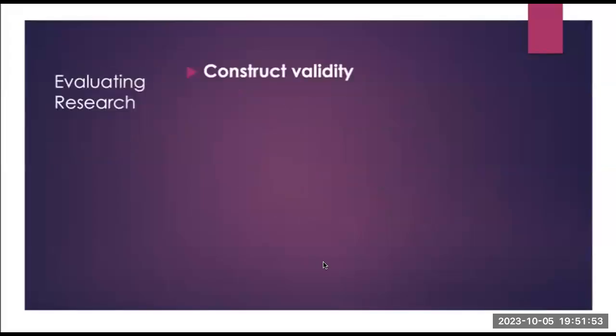When we evaluate research, as I've already mentioned, we want to look at different types of validity. We talked about internal validity, where you are looking at the integrity of the structure of your research design. We also want to make sure we establish construct validity.